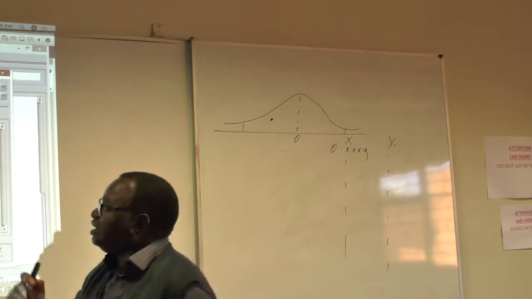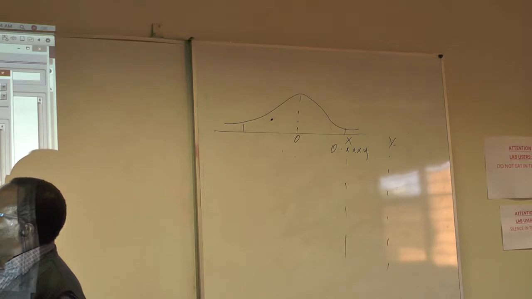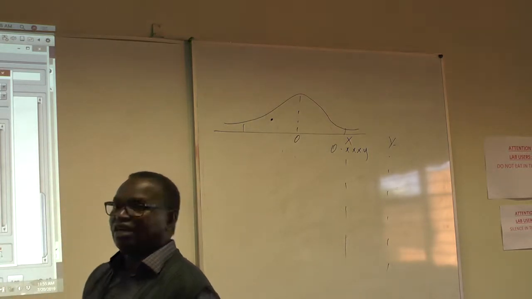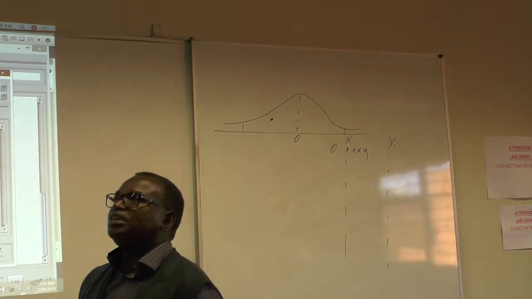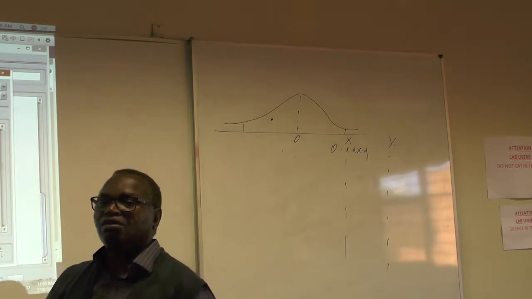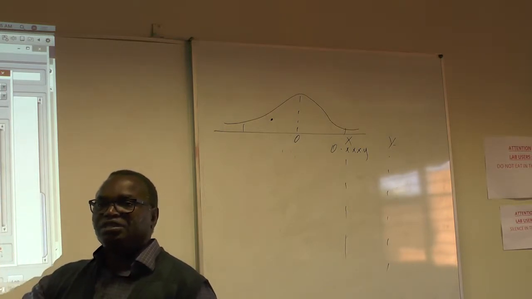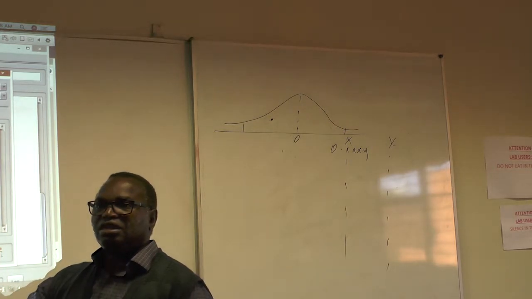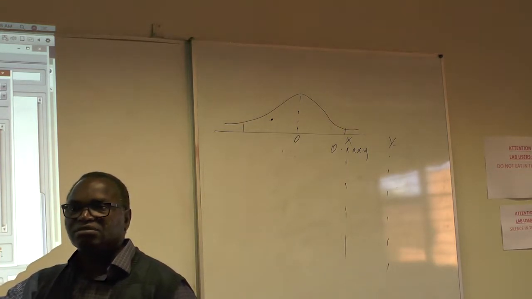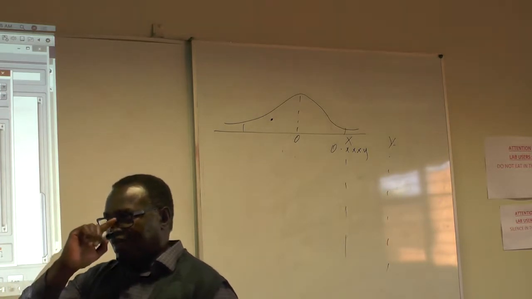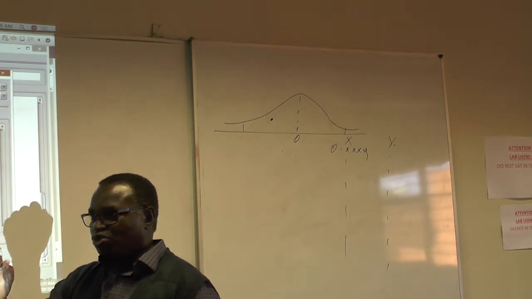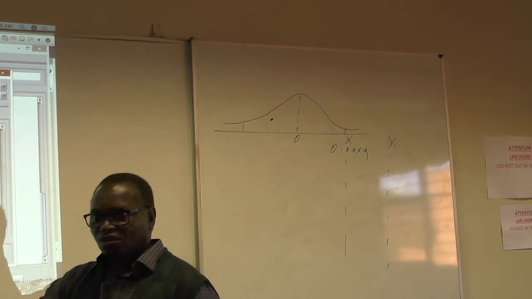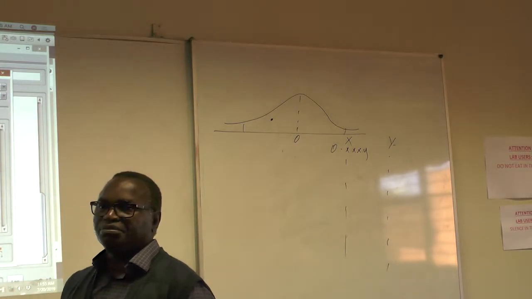So the higher the value of the area under the curve, the better the precision, and the less the sensitivity, because a model that is too sensitive is not a good model.